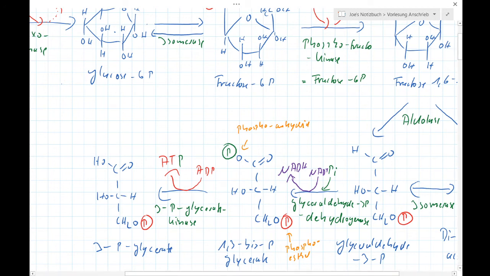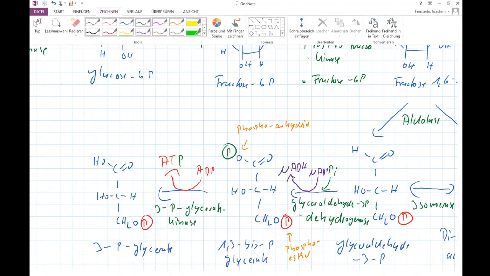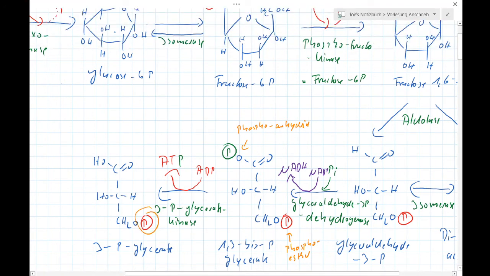So this phosphate here, our problem is that this phosphate came in with an ATP. So of course, if we would simply hydrolyze this phosphate now, this energy would be gone. We want to produce energy, and net at that point we wouldn't produce energy. So we need to bring this phosphate back onto an ATP molecule.